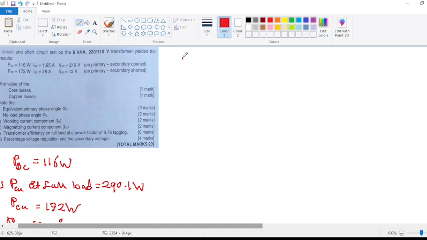This is the formula that we're going to use. The power on the open circuit is equal to the current on the open circuit multiplied by the voltage on the open circuit, then everything multiplied by cos of the no load phase angle. Now we can make the no load phase angle the subject of the formula by dividing by the current multiplied by the voltage on the open circuit side.